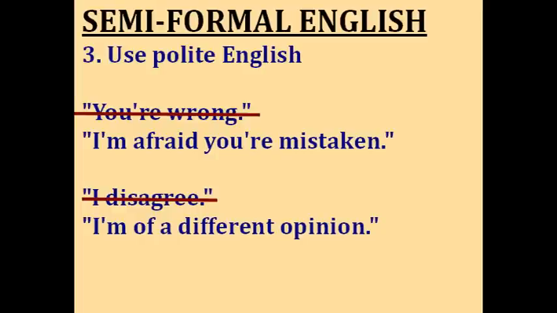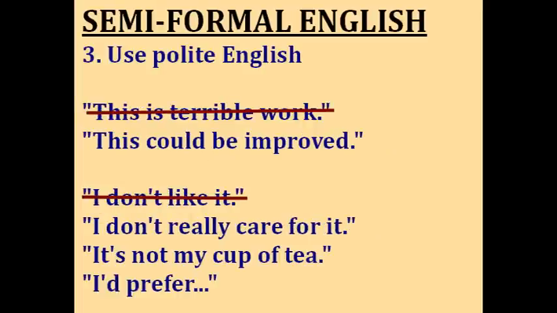And when disagreeing or complaining or criticizing, instead of just saying, I disagree, you can say, I'm of a different opinion, or I see it differently. It's just a little more indirect and it's a little bit more diplomatic and polite. A couple more examples.